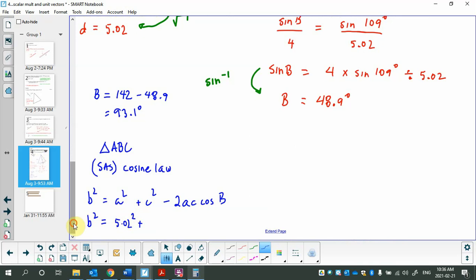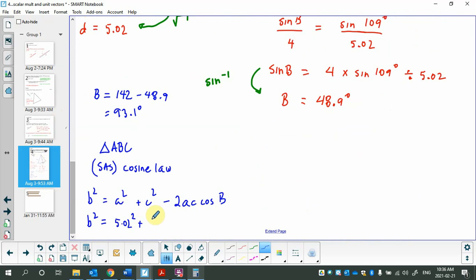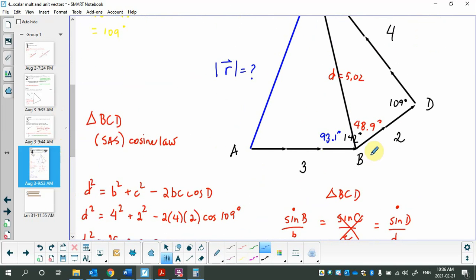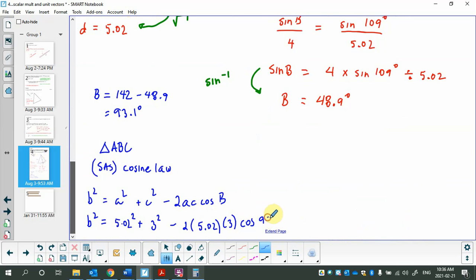Square it. Little c is across from big C, so that's 3. Square it. Minus 2, there's A again. There's C again. Cos big B is this corner, so 93.1. That's why we had to go through all that trouble.